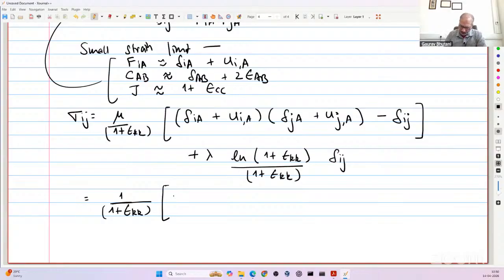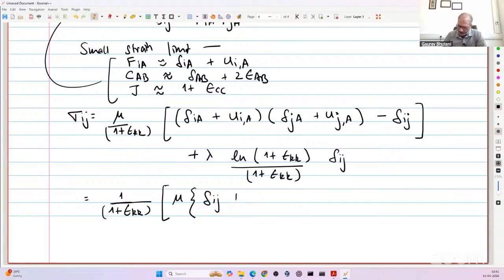and then we are left with a mu times, now we'll open the multiplication here. So we have a delta Ia times delta Ja, so that becomes a delta Ij.